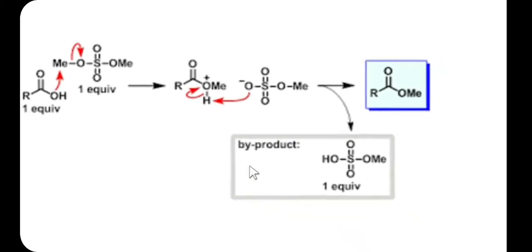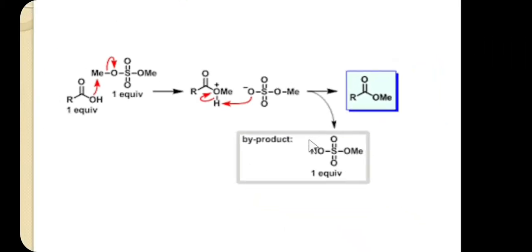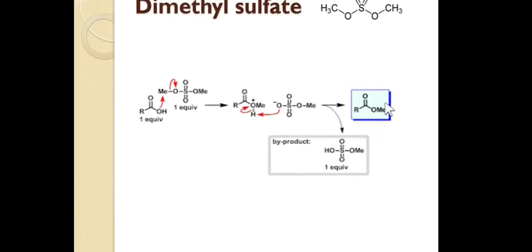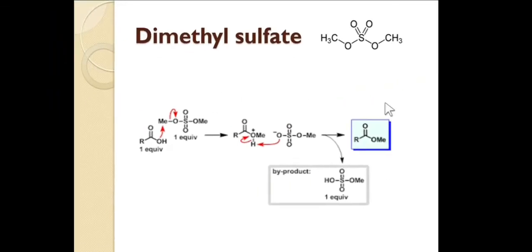So we get the side product, that is methyl sulfate, and we get the protection of our OH group. So this is the example of an acid. Dimethyl sulfate is most of the time used for the protection of acids and phenols. So we can use it for alcohols also. We can see that in the next examples.